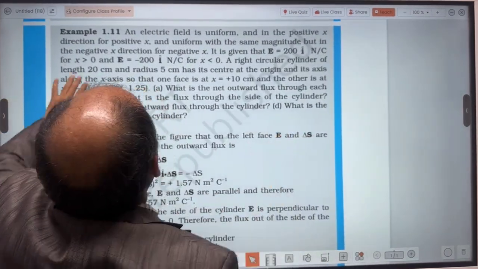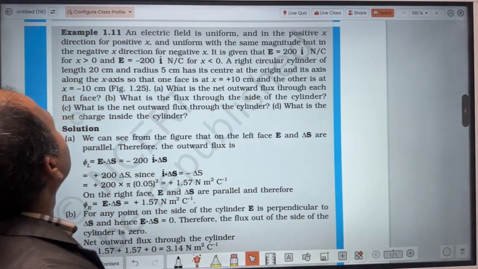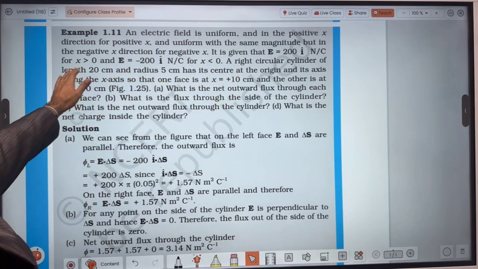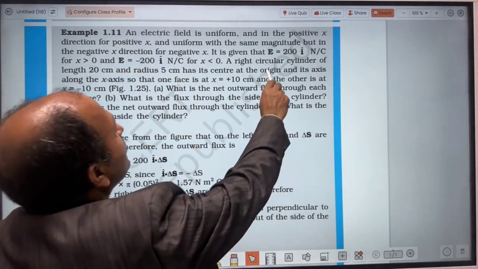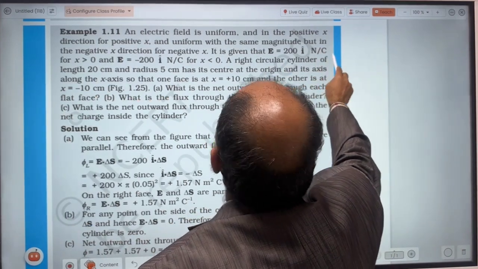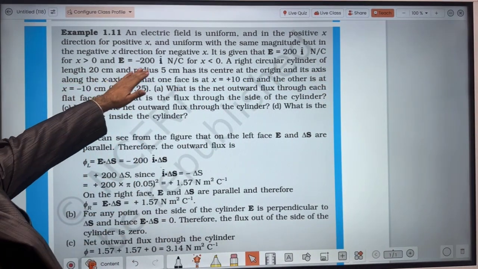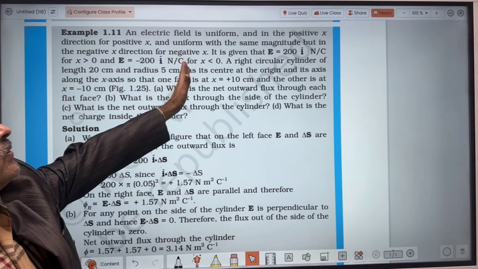Question says an electric field is uniform and in the positive x direction for positive x, and uniform with same magnitude but in the negative x direction for negative x. It is given that E is 200 i cap Newton per Coulomb for x greater than 0, and it is negative 200 i cap Newton per Coulomb for x less than 0.